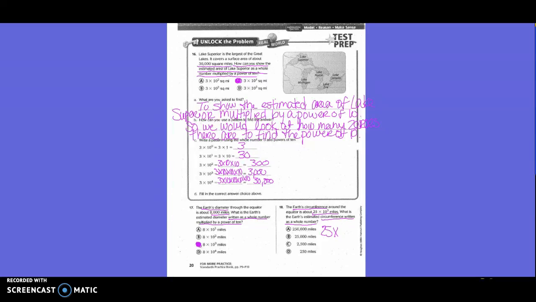But you guys are so smart that you already know what 10 to the third power is. 1,000, right? Because it's a 1 with 3 zeros behind it, correct? So 25 times 1,000 is 25,000. So letter B.